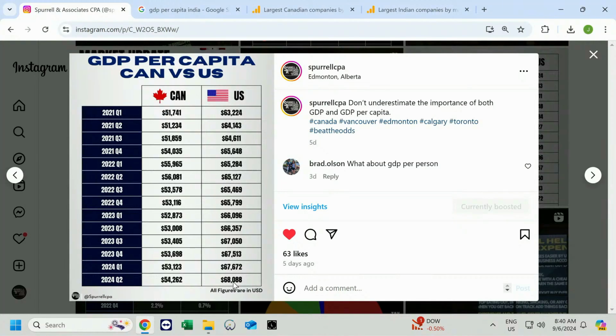Okay, so what is the overall feeling? How are people feeling economically? Most people, the working class, will relate to GDP per capita. It's probably a better economic indicator if you're asking someone how they're feeling.